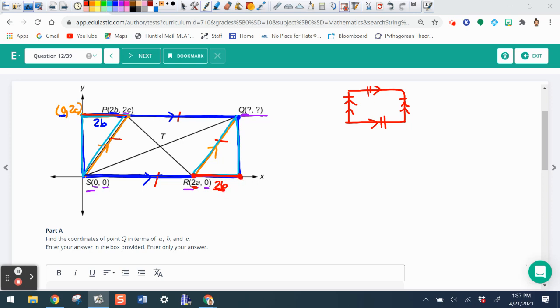So the coordinate of this point, we'll call it Z because it's not being used, will be (2a plus 2b, 0), because we're still horizontal to this original point, so it has the same y value.